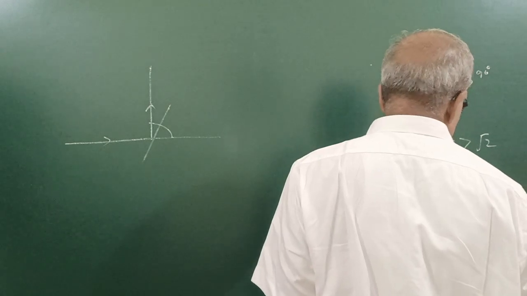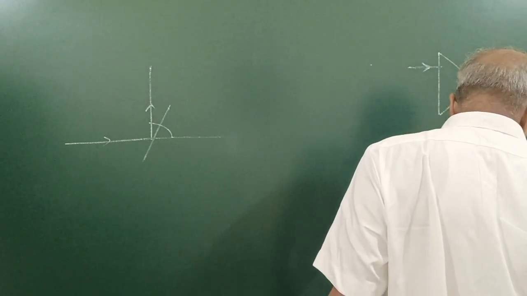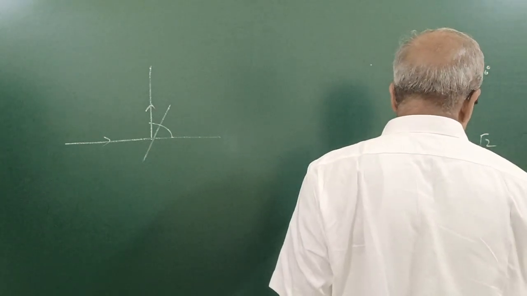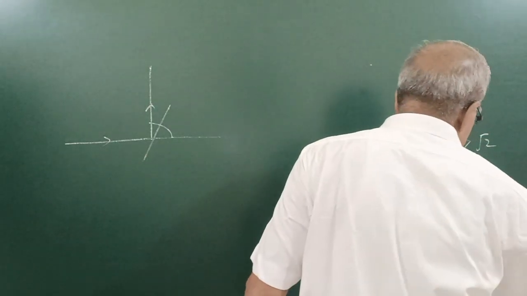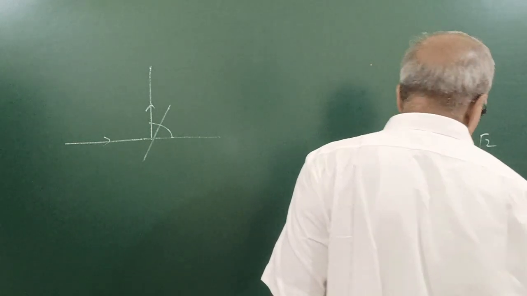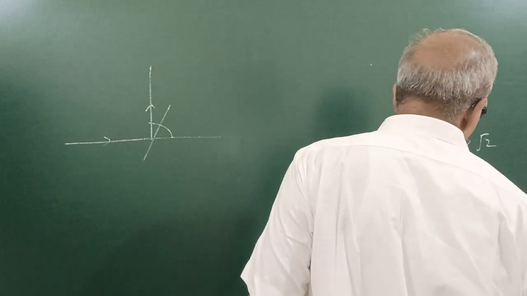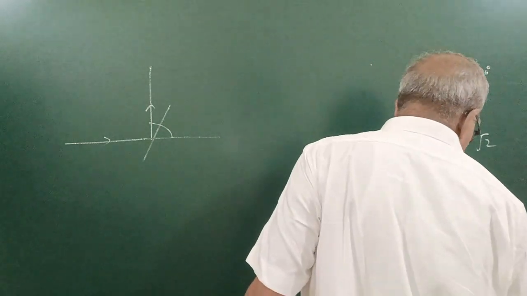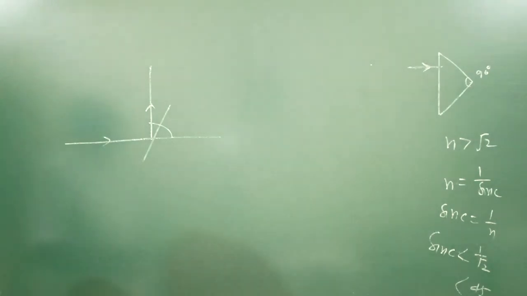So sin c is less than 1 by n, so sin c is less than 1 by root 2, meaning the critical angle c is less than 45 degree.